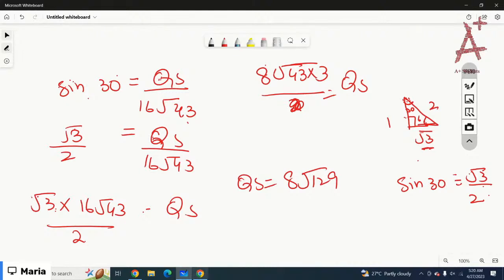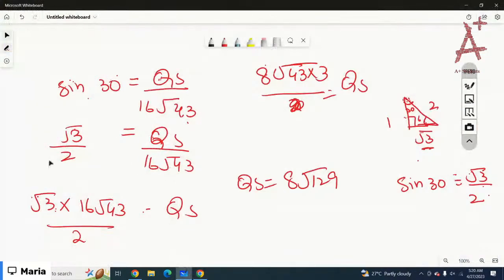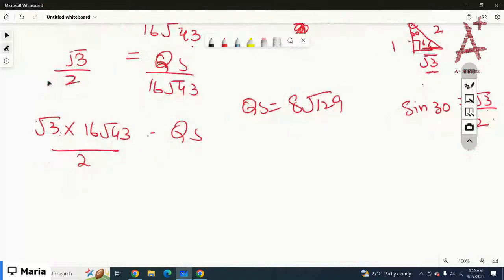Now we have to calculate. We have now two of the sides. One of them is 16 square root 43, and this side we now have 8 square root 129. We need to calculate the third side. We're working on a right angle triangle. We can use the Pythagorean theorem to solve the equation. So to find the third side, the Pythagorean theorem is c square equals a square plus b square.